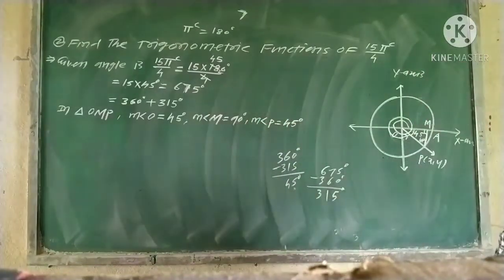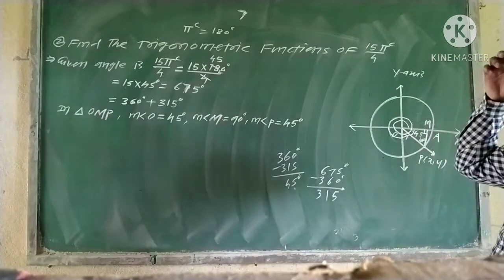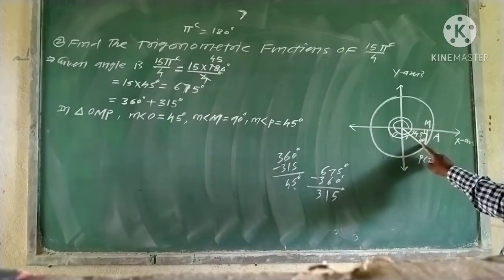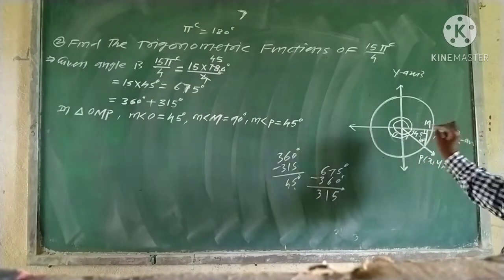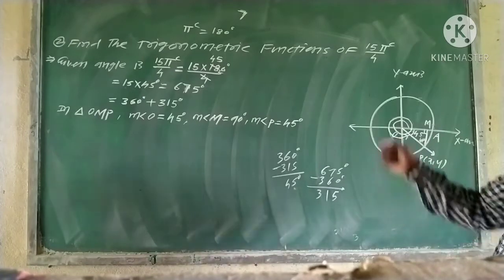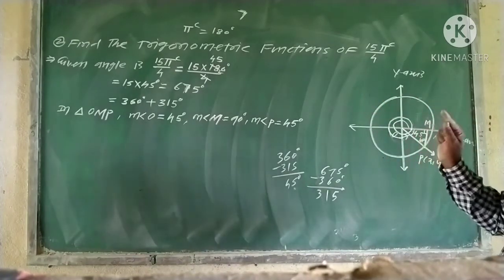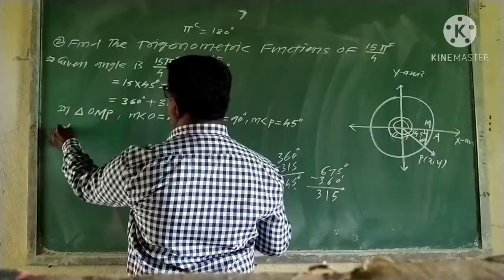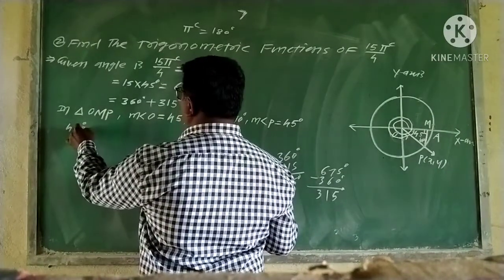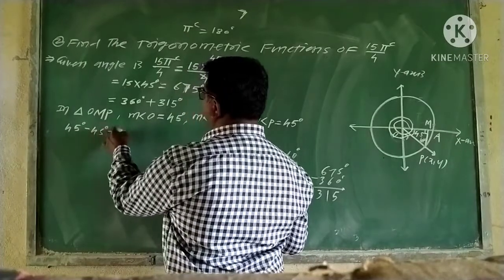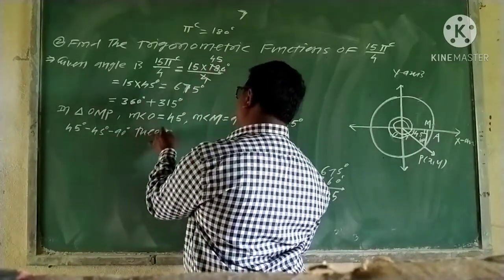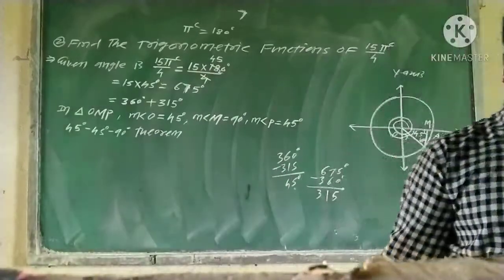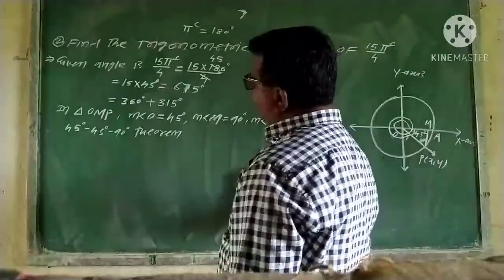We know that the sum of all the angles of a triangle is equal to 180 degrees. So with 45 and 90, the remaining angle is also 45 degrees. In triangle OMP, the angles are 45, 45, 90, so we use the 45, 45, 90 theorem.